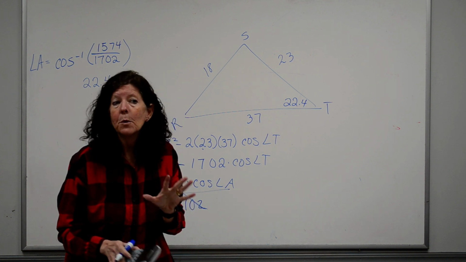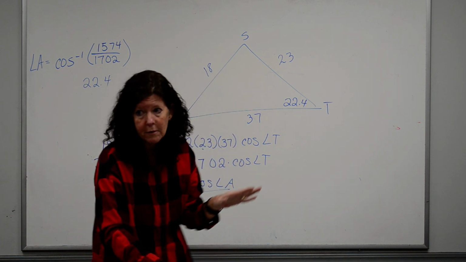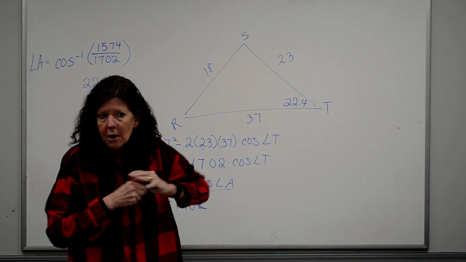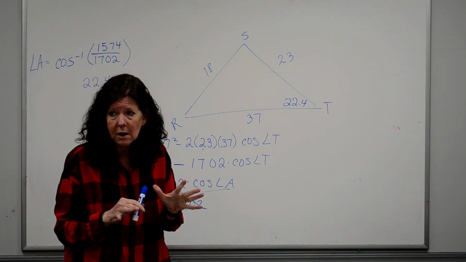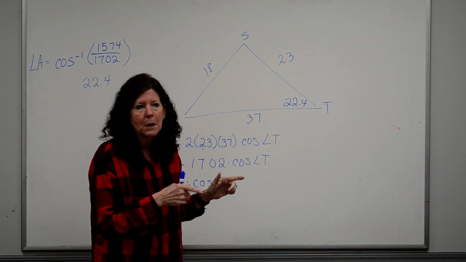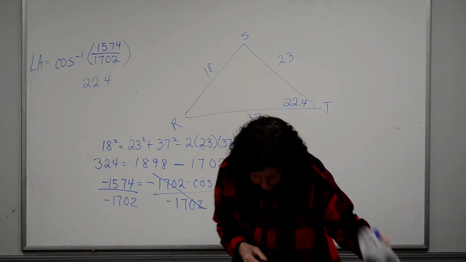All right, I'm going to give you one of these to try, and I want you to solve it from beginning to end. Okay, I don't want to beat a dead horse with law of sines because y'all don't really have too much trouble with it. So the only thing that we're really adding is the law of cosines at the beginning of it. Okay. All right.